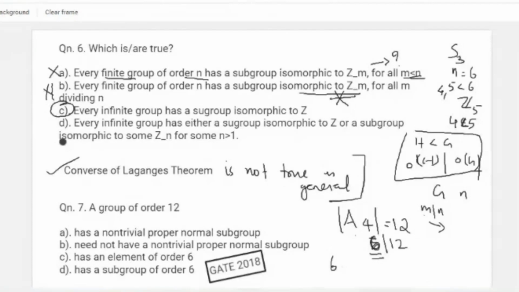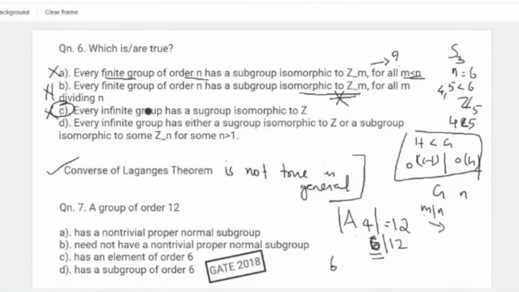No, ma'am. Okay, so I will discuss it later. Another problem is related to this question, so I will explain the situation, because one of the factor groups will provide a counterexample here. So we will discuss it later. Anyway, this is not true.